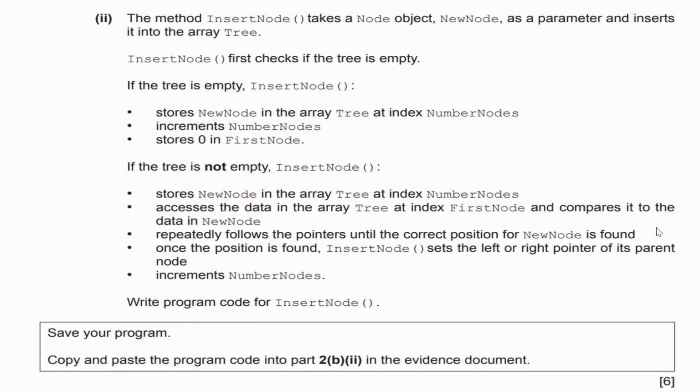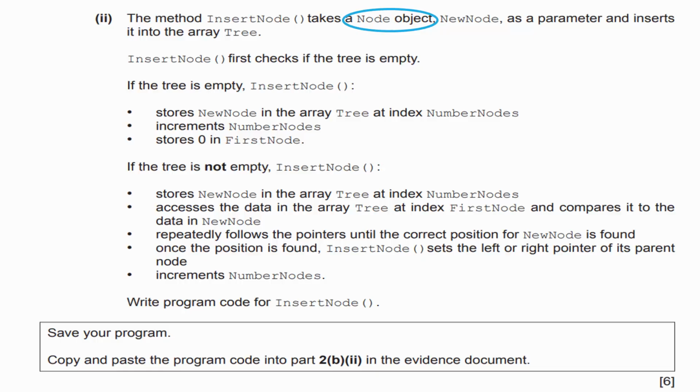The method insert node takes a node object, new node, as a parameter and inserts it into the array tree. There's nothing to be intimidated by here. You're going to pass this node object just like you would any other data type, but instead of as integer or as string, it's simply going to be as node because it's taking a node object.